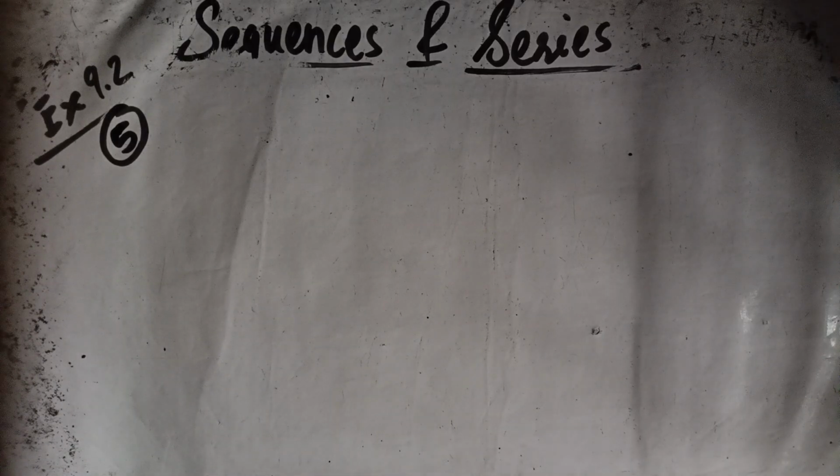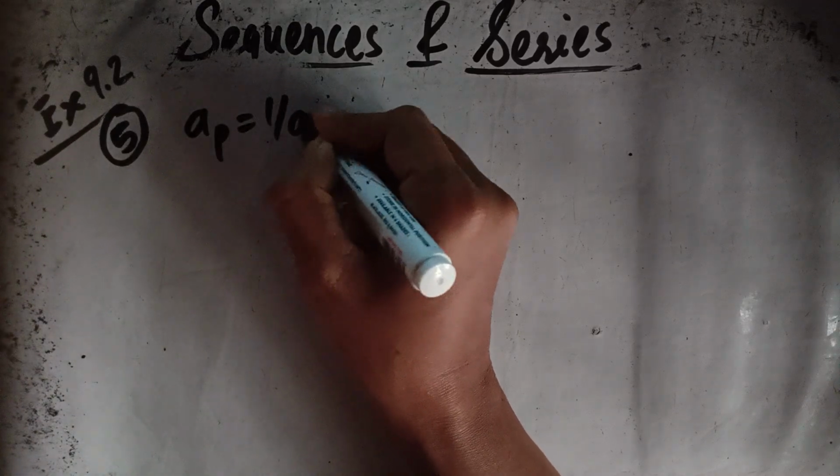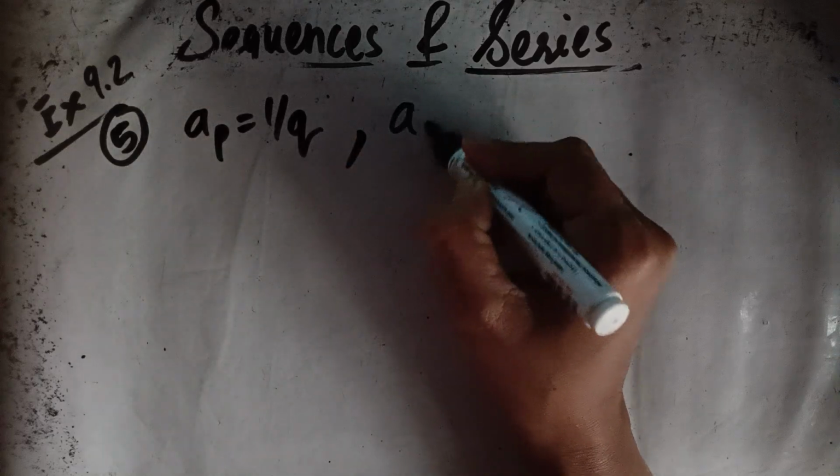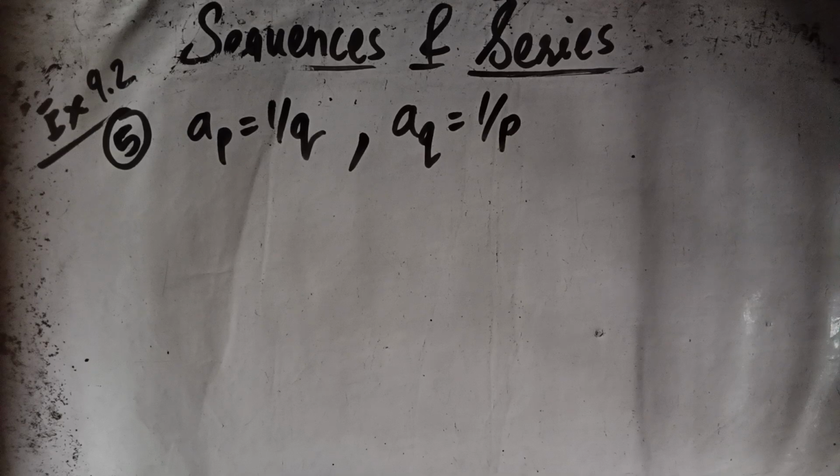The question: in an AP, if the pth term is 1 by q and the qth term is 1 by p, so ap is 1 by q and aq is 1 by p. Prove that the sum of first pq terms is half pq plus 1. Okay.